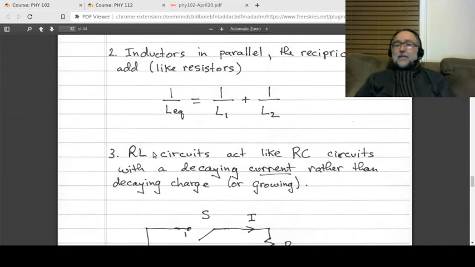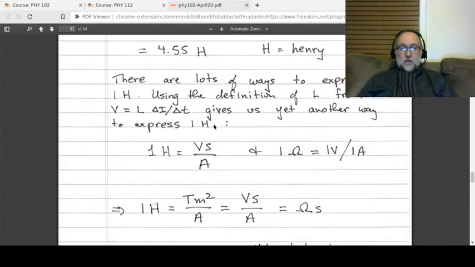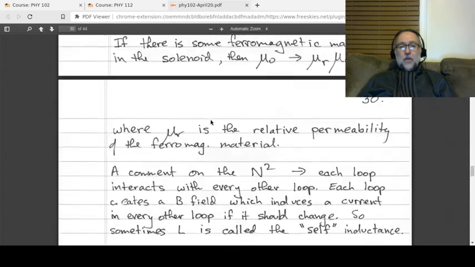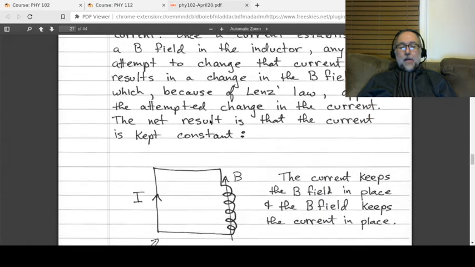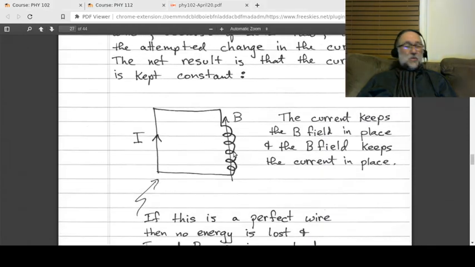Well, it's the same thing with an RL circuit. If you go back up here, when I first introduced this circuit, I said this was an ideal circuit, and I said to you the current will never speed up or slow down here. The current will stay constant in this. That's because the B field will cause it to do that. But also you have to assume that there's no energy being lost in the wires.